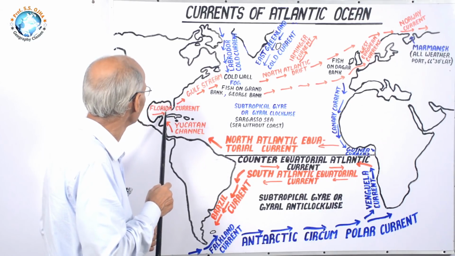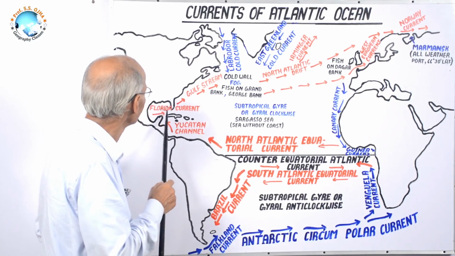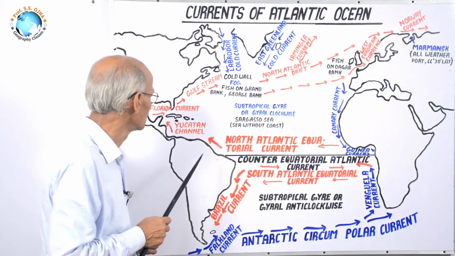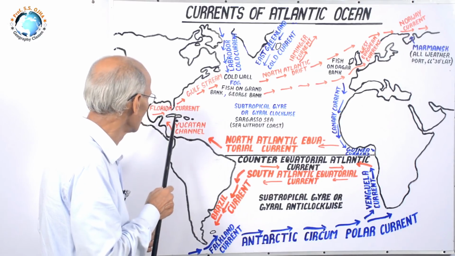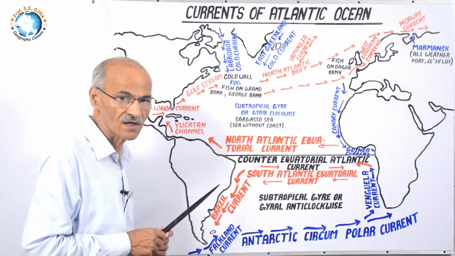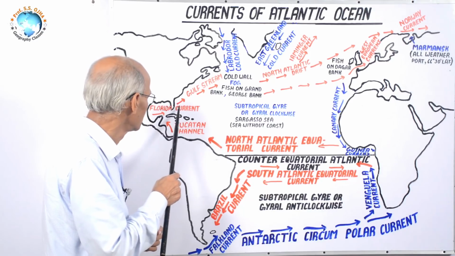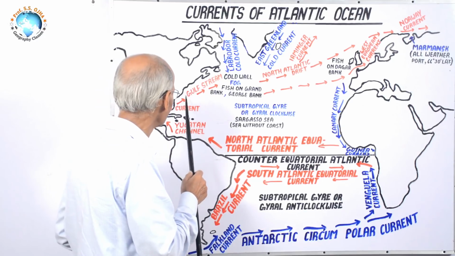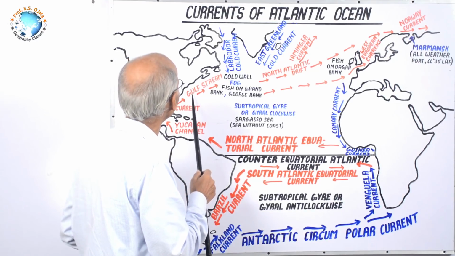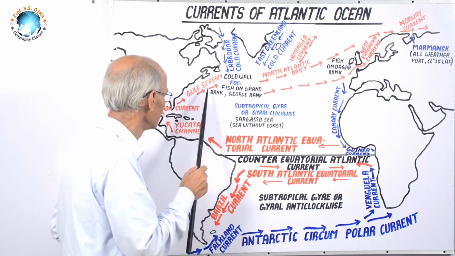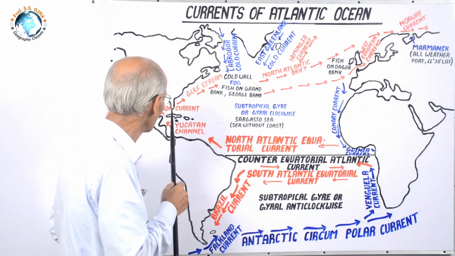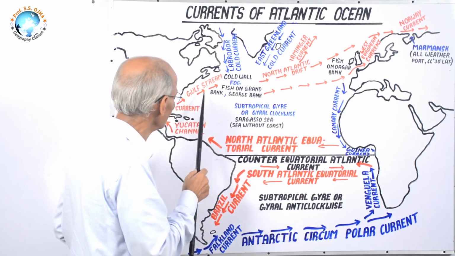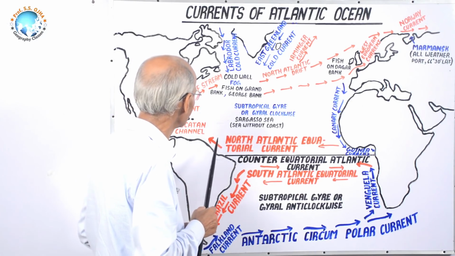It carries the fresh water of Mexico Gulf, and it moves along the coastline, not controlled by wind, rather controlled and directed by coast. It moves parallel to the east coast of North America, where it is called Gulf Stream because it is coming from Mexico Gulf, and it moves in northeastward direction.